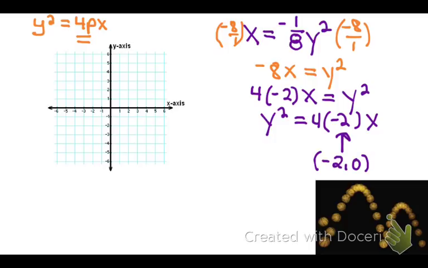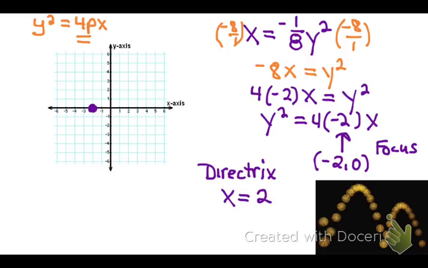I'm going to go over to the graph and plot that. Our directrix is the opposite of that p-value, so it's going to be x equals 2, and we know that x equals 2 is a vertical line that goes through 2. Remember I said that our focus is going to be on the inside of our parabola, and the directrix is going to be on the other side.